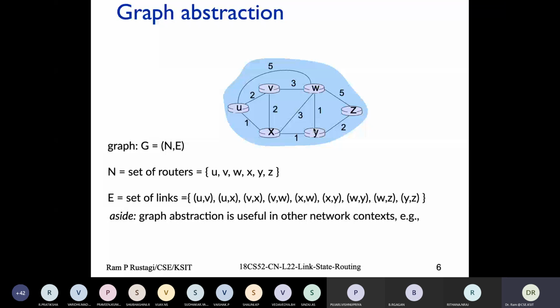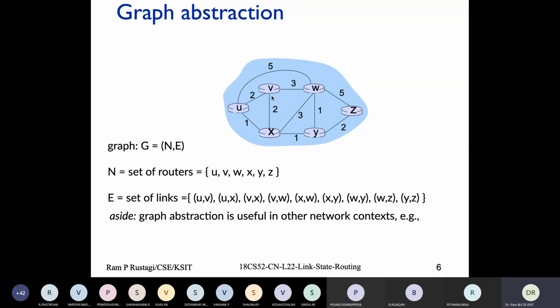So we normally consider graph abstraction between any two nodes, we look at only one edge, not multiple edges. Somehow with a weighted factor, we need to get simulation, and between two nodes, we'll consider only one edge. We're also considering only undirected edges, but it can be directed as well, then we get a directed graph. But for our purpose, we look at only undirected edges.